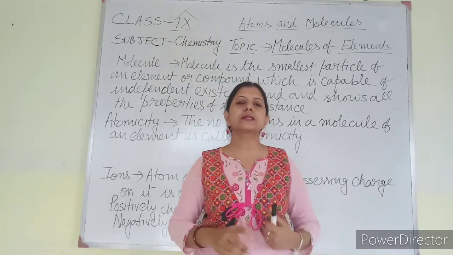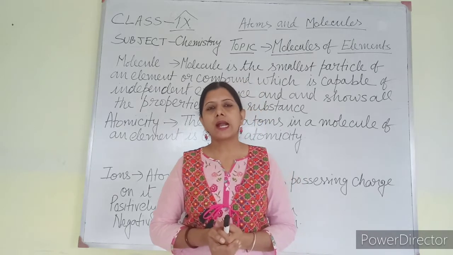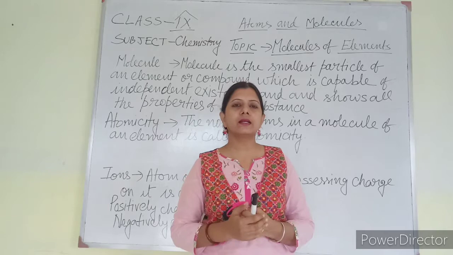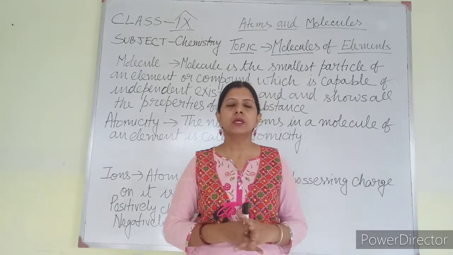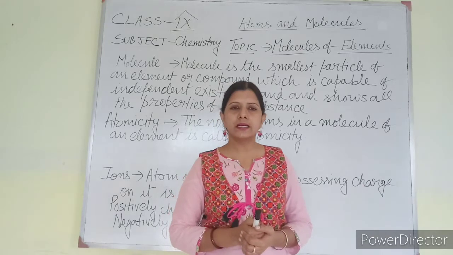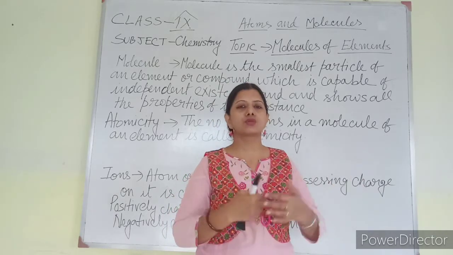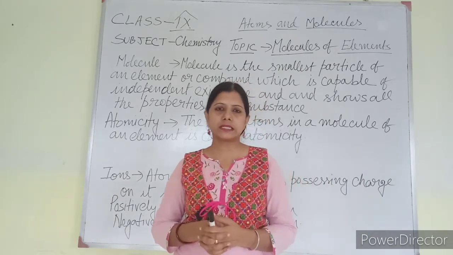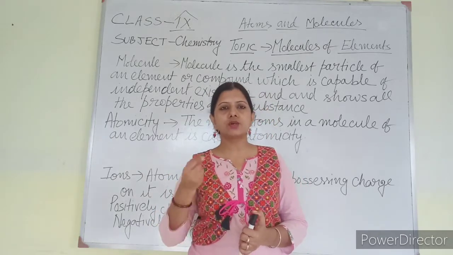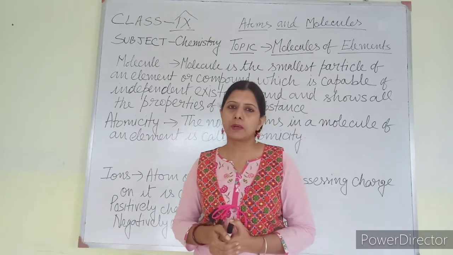It can exist independently. All atoms of an element cannot exist independently. They have a tendency to combine with other atoms to form a molecule. So a molecule can exist independently, and it shows all the properties of the substance. That means it may be a molecule of an element, or it may be a molecule of a compound.